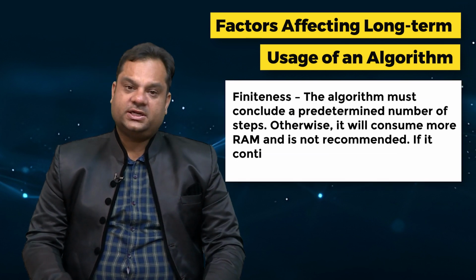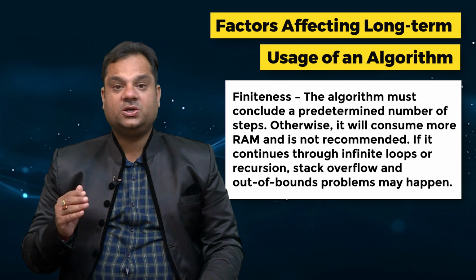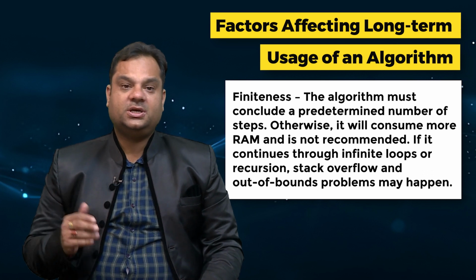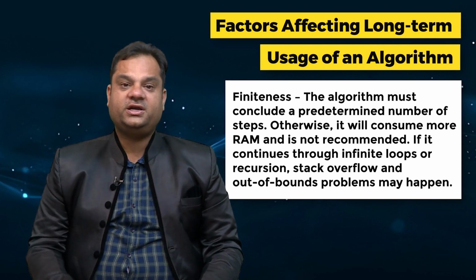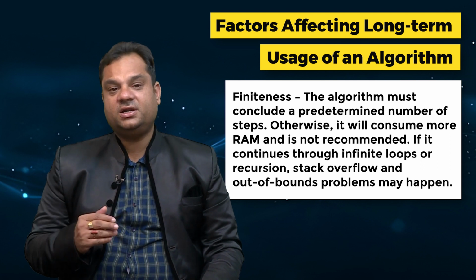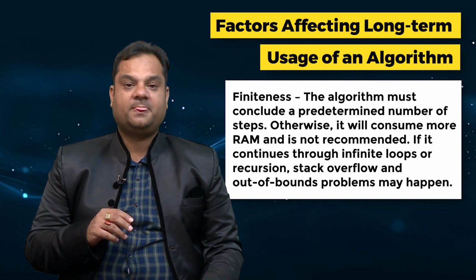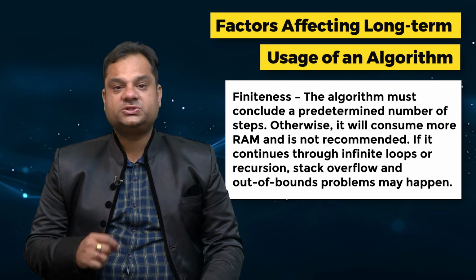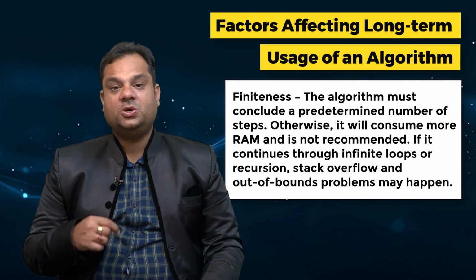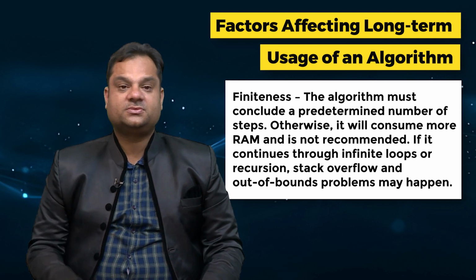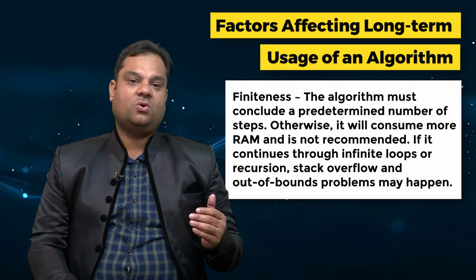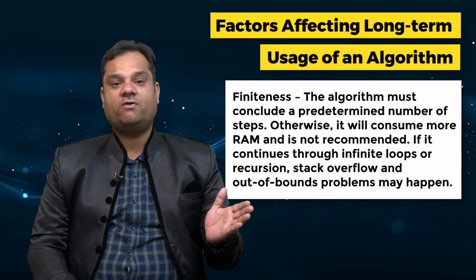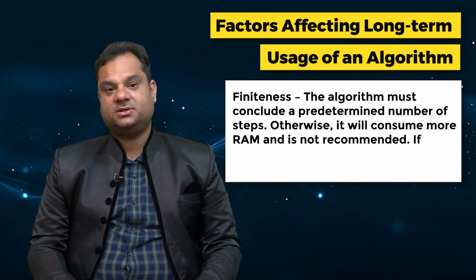Next is finiteness. The algorithm must conclude in a predetermined number of steps. Otherwise it will consume more RAM and is not recommended. It continues through infinite loops or recursion. Stack overflow and out of bounds problems may happen.